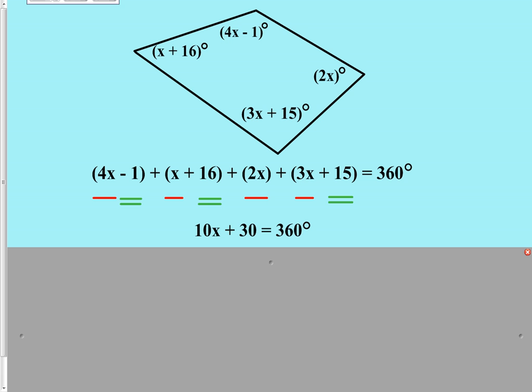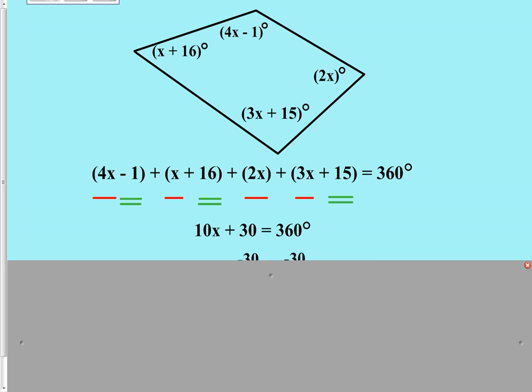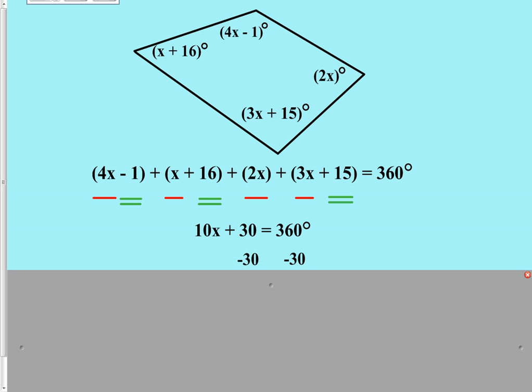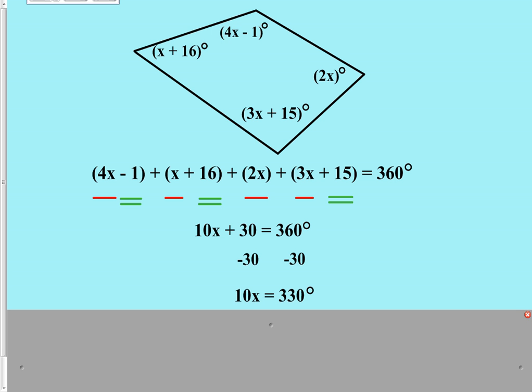We want those x's by themselves. That plus 30 does not need to be attached to them. So our next step would be to subtract the 30 from both sides to send it over to the right. On the left, the only thing left is the 10x, and on the right, 360 minus 30 is 330.